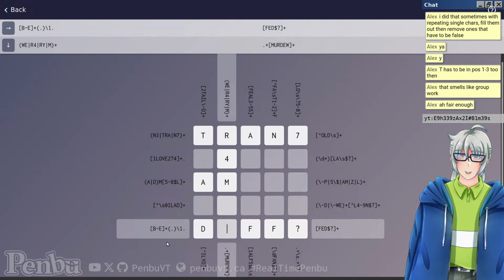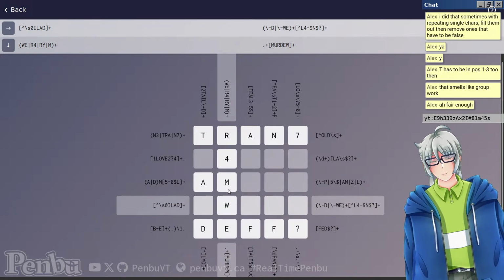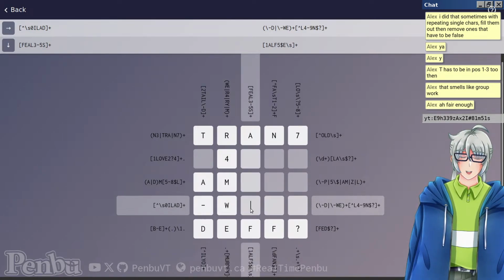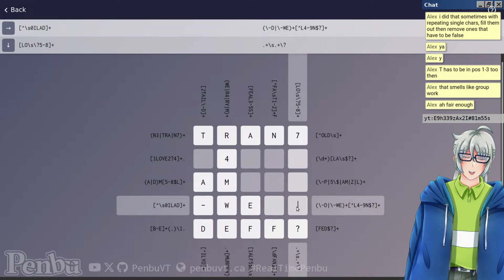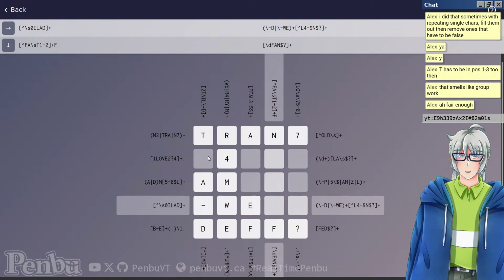Which, because of B to E, this is forced to be an E, which means it's a W. Which means this is forced to be a dash E. And then anything that's not one of these characters, but also not one of these characters.